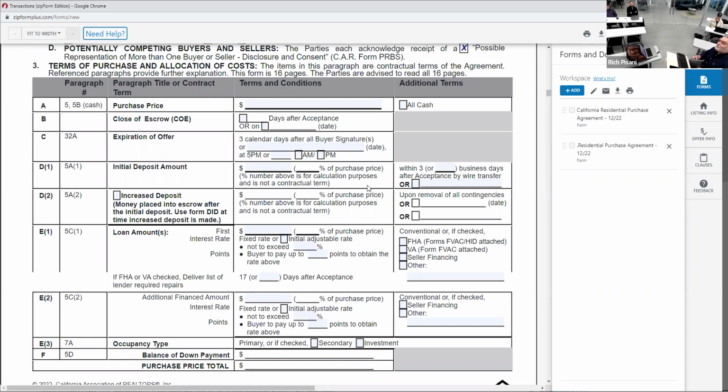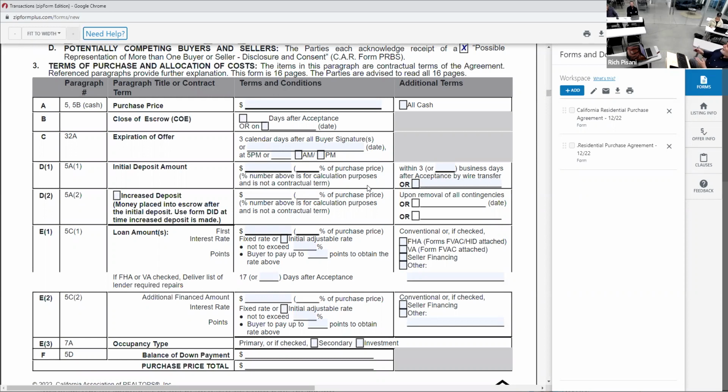So you can put in a specific date if a specific date is important to either the buyer or the seller. For example, if a seller is selling their property earlier than two years, they want to hit that two-year mark so it can be considered primary residence. Primary residence is if a seller has lived in the residence 2 out of the last 5 years.